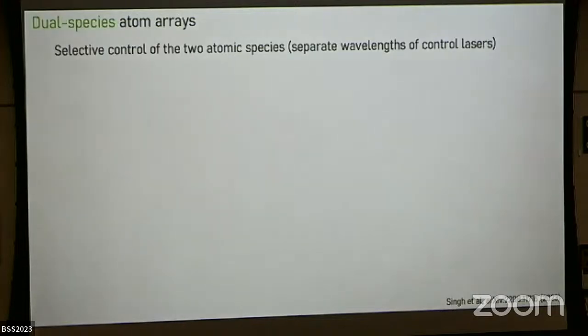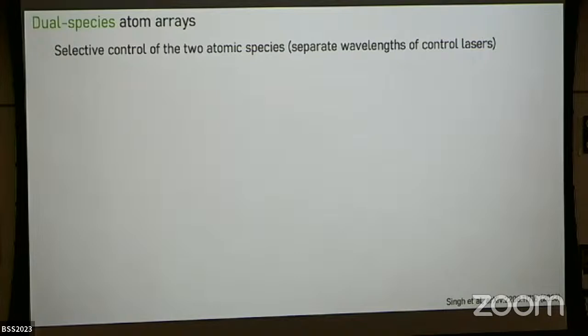So finally, I wanted to show you the other type of atom array, which is the one that uses two different atomic species. So what is interesting here is that when you have two different types of atoms, you have selective control of the two atoms because the wavelengths of their control lasers are different.